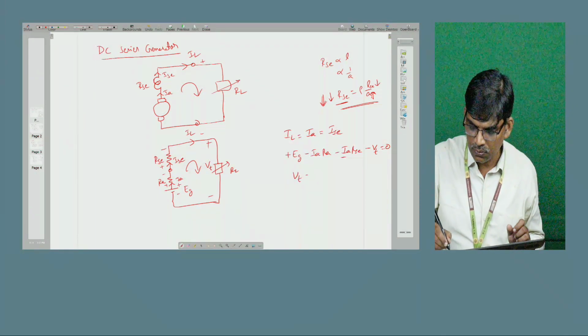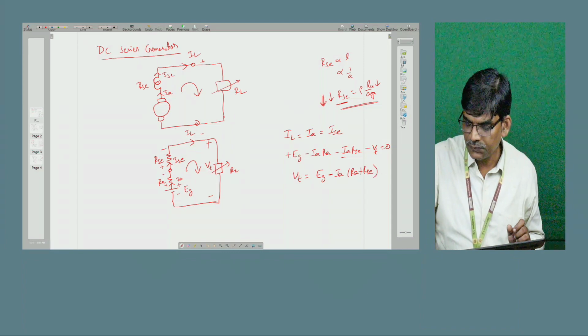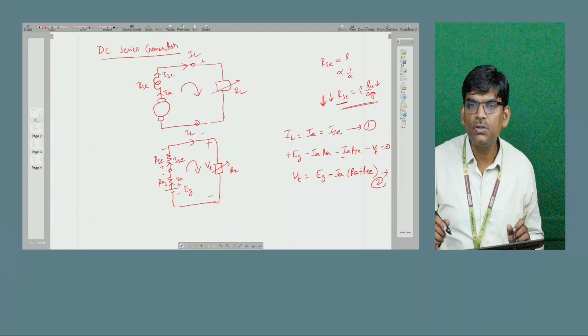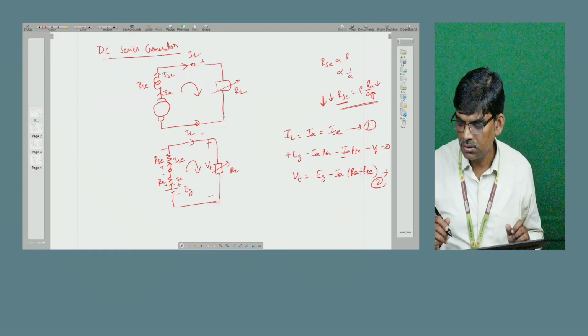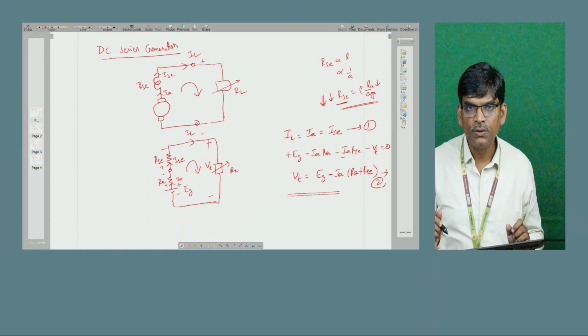So VT is equal to EG minus IA into (RA plus RSC). This is one of the equations. Using equation 1 and equation 2, we can find the internal and external parameters and analyze the problems.